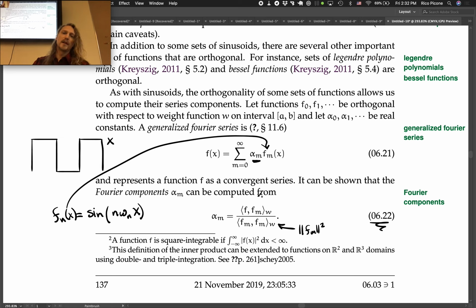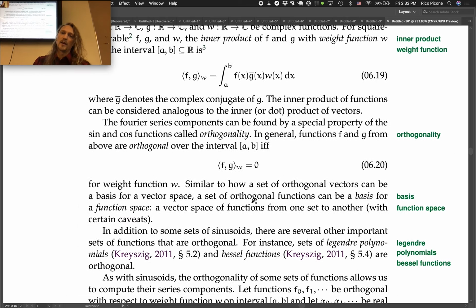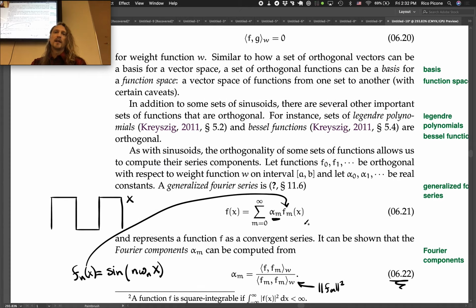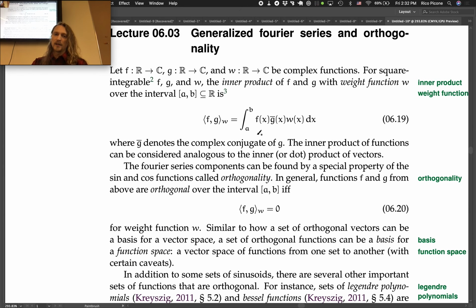So when we take this inner product, we would be taking integrals over that interval, which we would take to be one period, and we would take that one period of f and divide it into half and half.